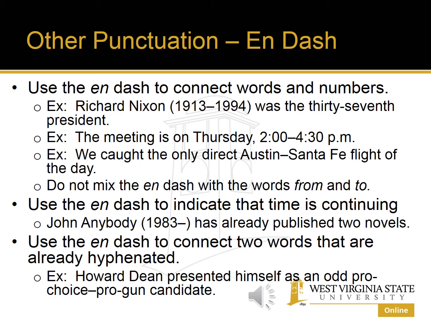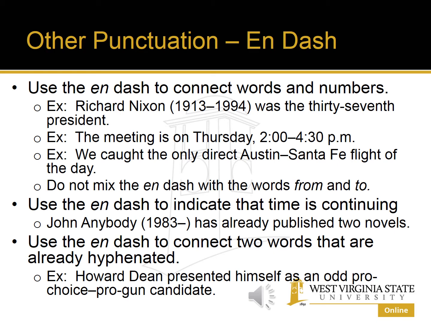And another unusual example, rarely used, but you might find it sometimes, is to use the N dash to connect 2 words that already are hyphenated. For example, Howard Dean presented himself as an odd pro-choice, pro-gun candidate. Pro-choice is hyphenated.